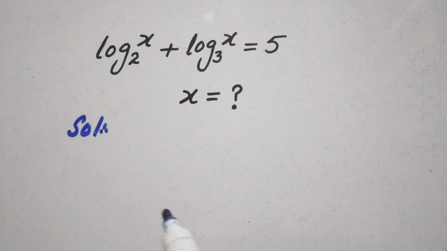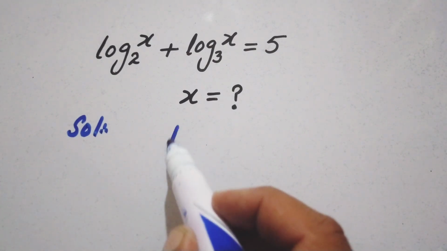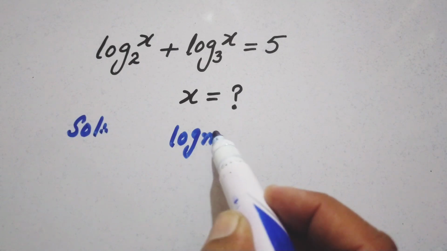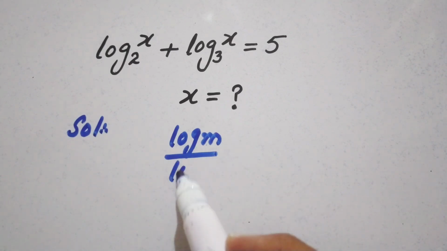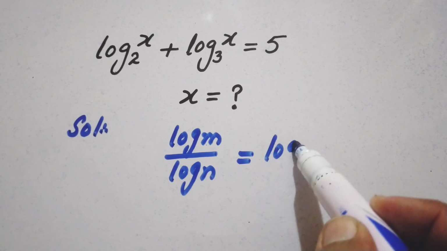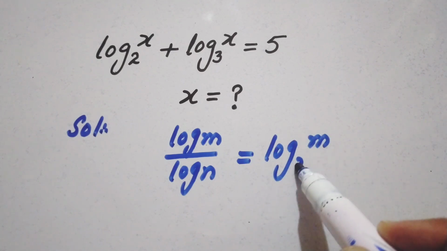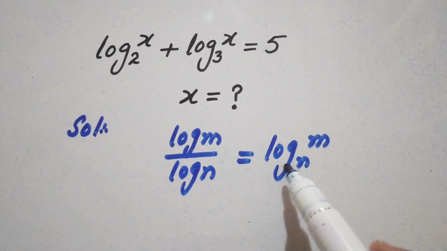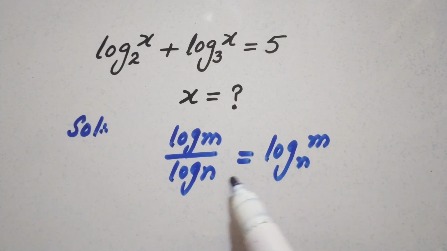From a logarithmic identity, if we have log of m divided by log of n, this is equal to log of m to the base n. Or if we have log of m to the base n, this is equal to log of m divided by log of n.